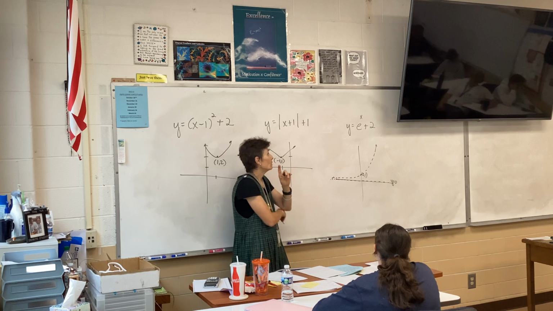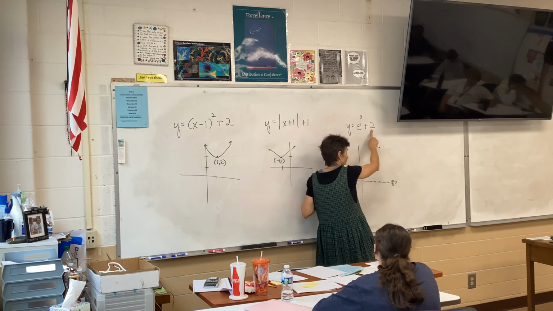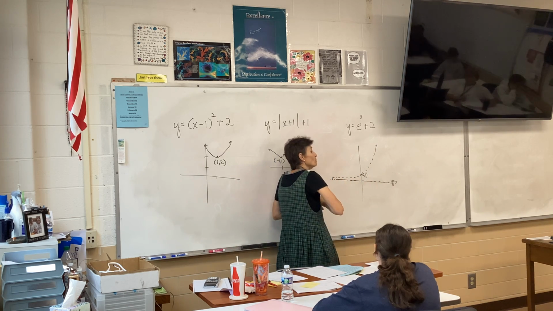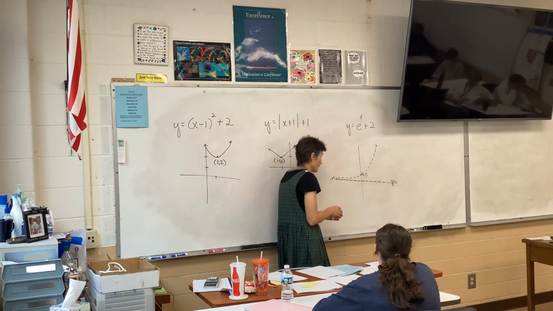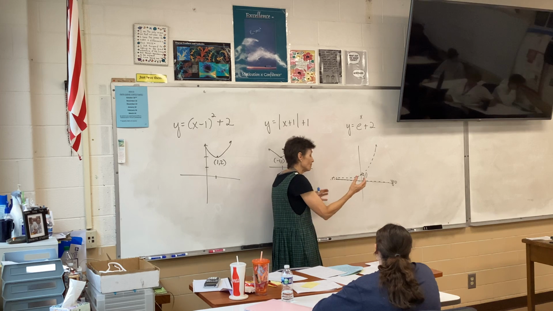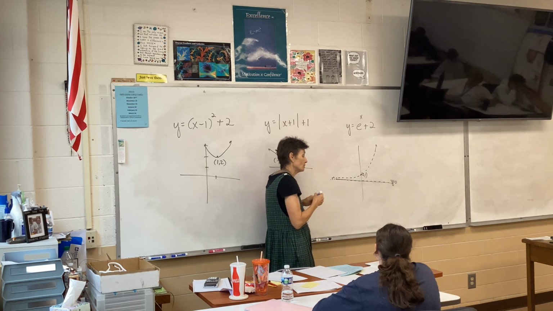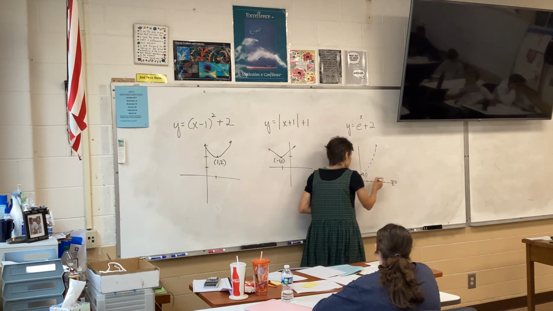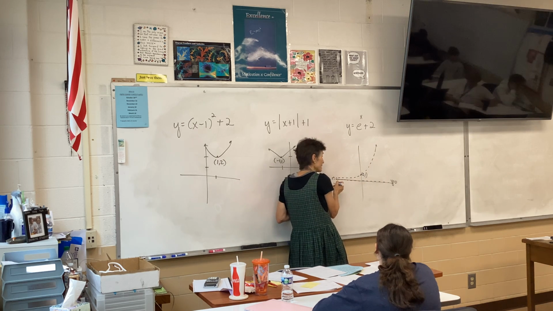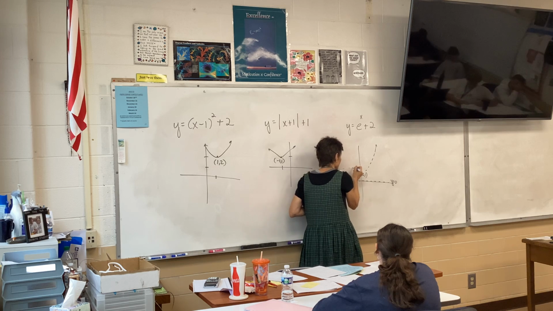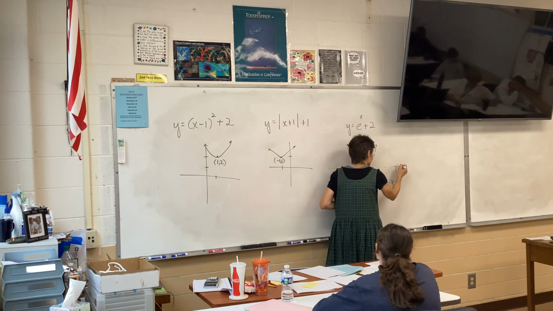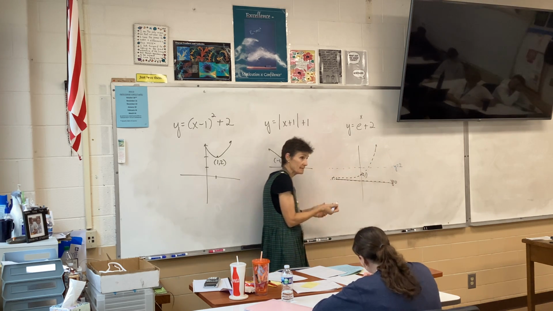Okay. What am I doing to it? Moving it up 2. So the whole picture, I like that scissors, I'm cutting it out and pasting it up 2. So see this asymptote right here? He's moving. He's now going to be up here at 2 because he got picked up.